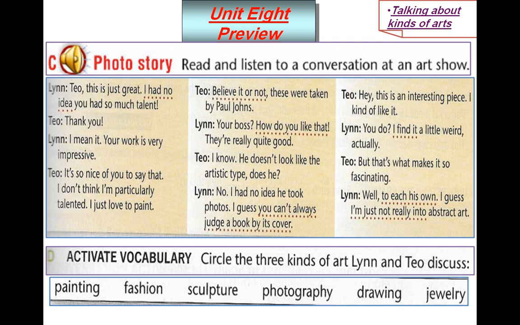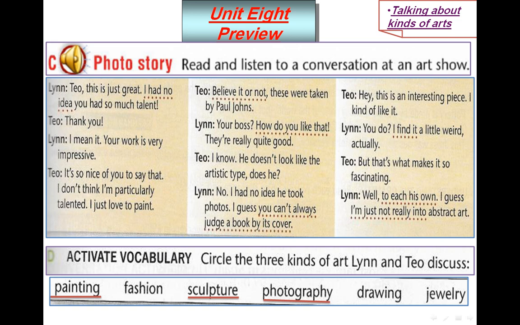Is it painting, fashion, sculpture, photography, drawing, and jewelry? Tell me. Okay. Yes, they discussed painting. Good. And what else? Sculpture. Finally, photography. These are the three kinds of art that they discussed in the photo story.